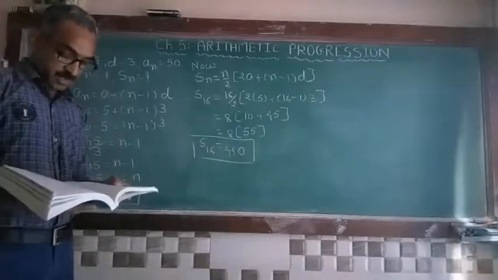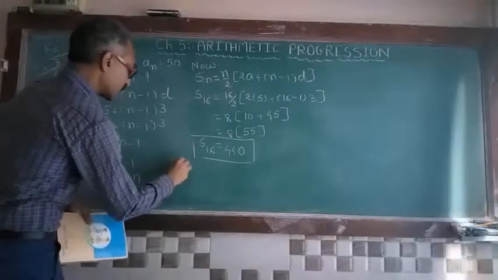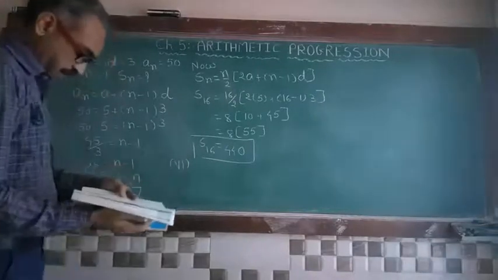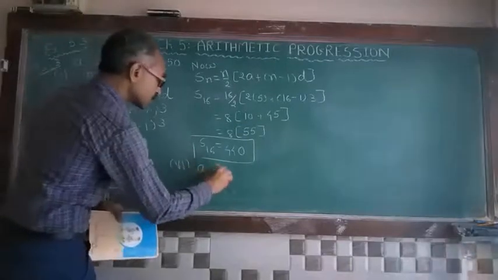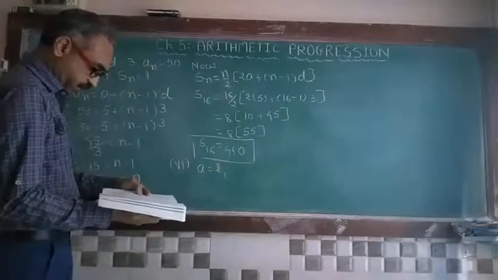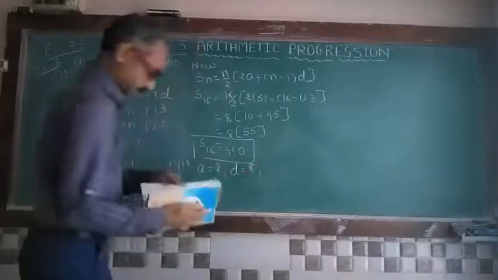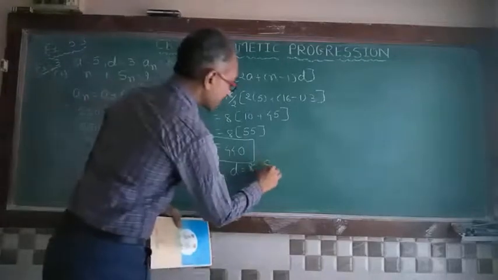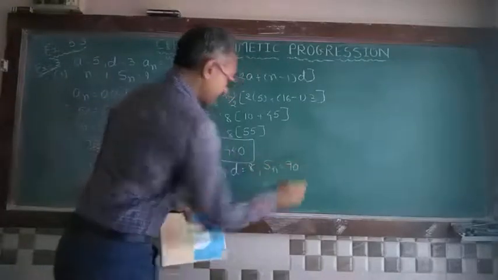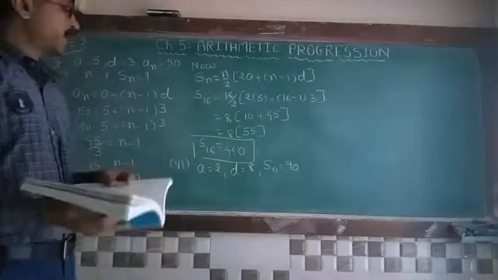Now your sixth example is given to you: a is equal to 2, d is equal to 8, Sn is equal to 90, and you have to find n and an.